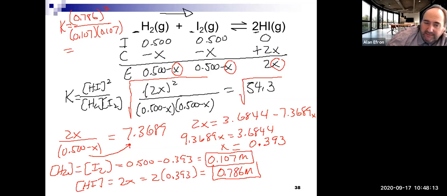Again, maybe slightly different with rounding, but should definitely be in the same ballpark. And if you did that, you do get something like almost 54, 53.96. Get about 54, which is a good way to, again, sort of check yourself.